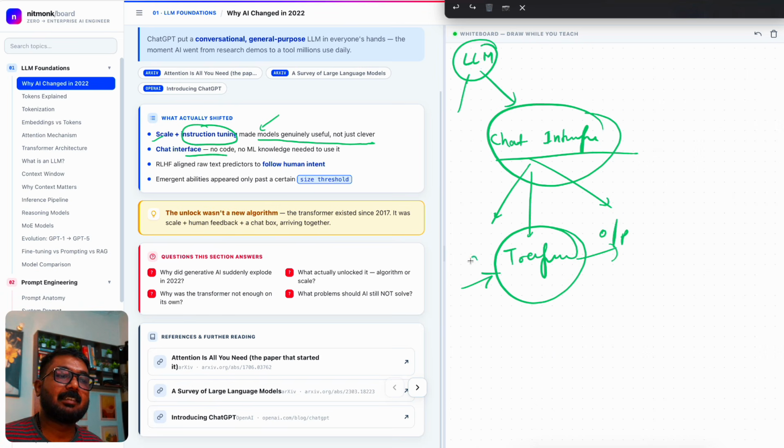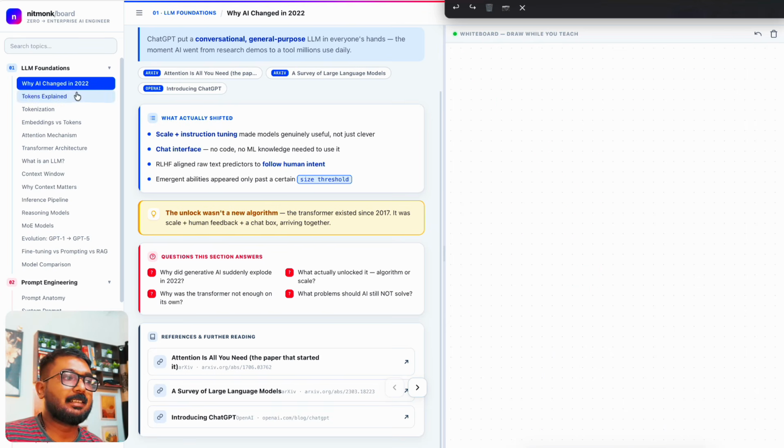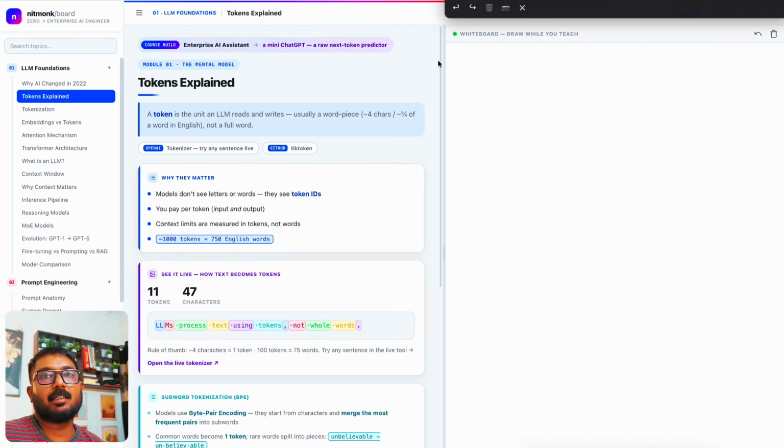So that's the initial phase. You try to communicate with it, try to write poems initially, try to write a joke that you like. This is how it initially started in 2022. But the way it's going right now, it's pretty crazy. Now let's try to understand what tokens are.